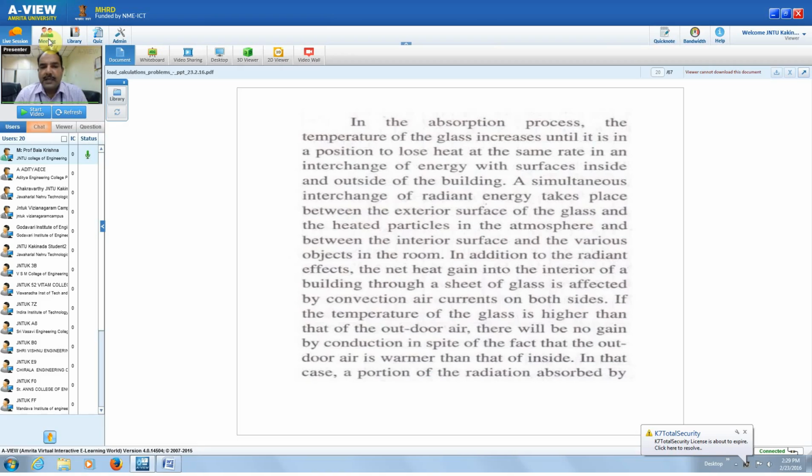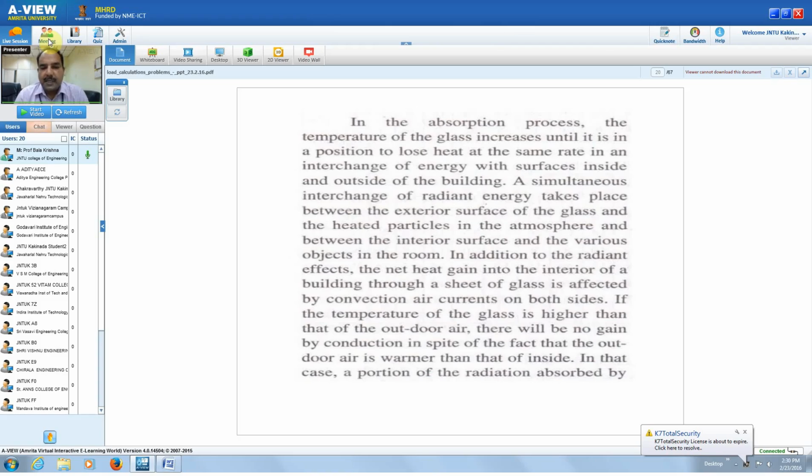In addition to the radiant effects, the net heat gain into the interior of a building through a sheet of glass is affected by convection air currents on both sides. If the temperature of the glass is higher than that of the outdoor air, there will be no gain by conduction in spite of the fact that the outdoor air is warmer than that of inside.